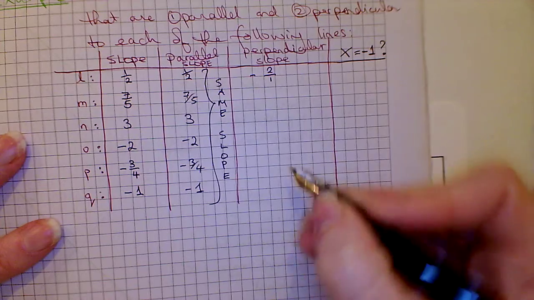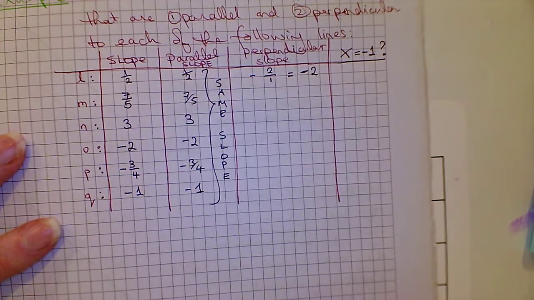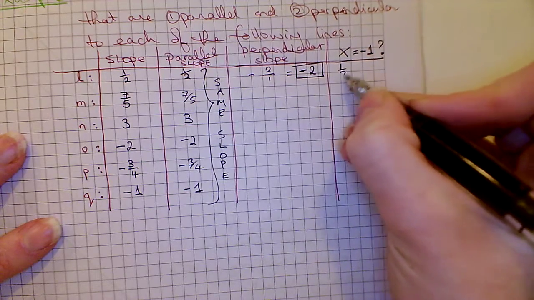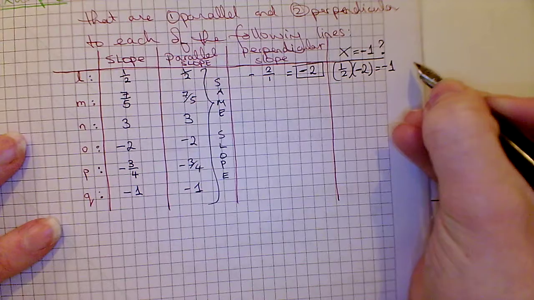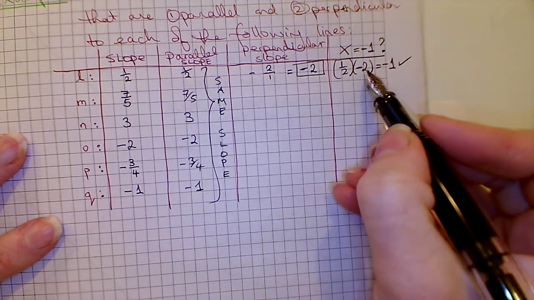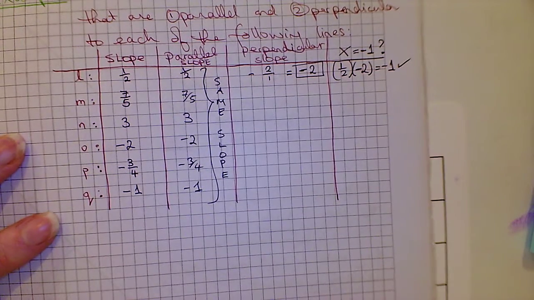It was plus, so the perpendicular slope is minus 2. Does that multiply to give me minus 1? Well, is a half multiplied by minus 2 equal to minus 1? You can check it in your calculator, but it is, because 2 by minus 1 is minus 2. Minus 2 over 2 is minus 1.